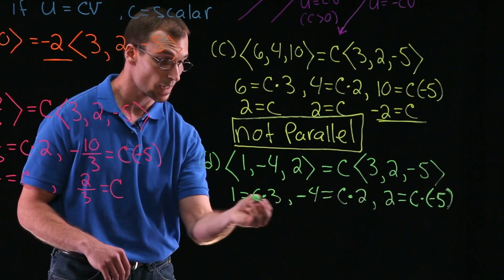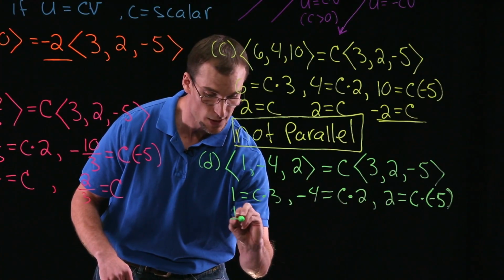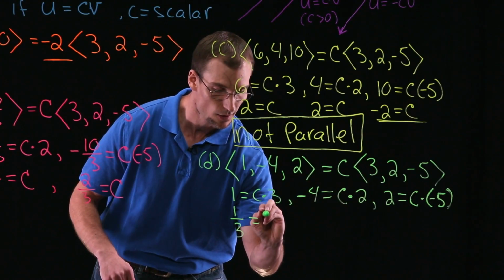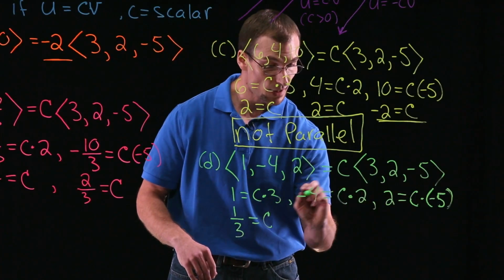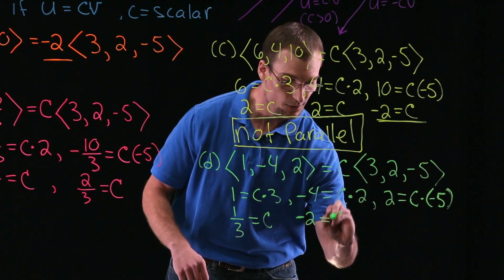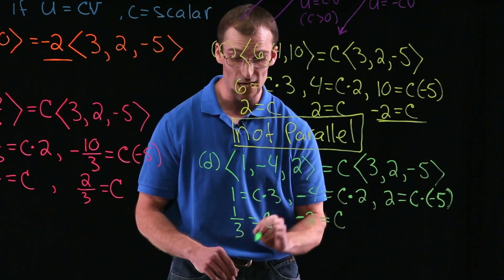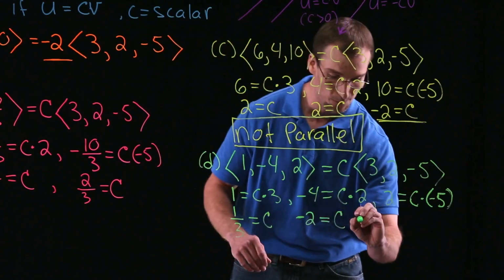Okay, so getting started, 1 equal to c times 3, we divide both sides by 3, we get 1/3 is equal to c. Looking at our second one, divide both sides by 2, well, we get negative 2 is equal to c. So right away we could stop. We see we're not getting the same value of c, but we'll go ahead and just complete the last one.